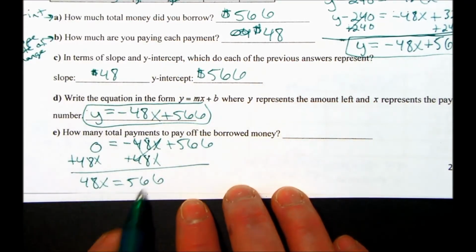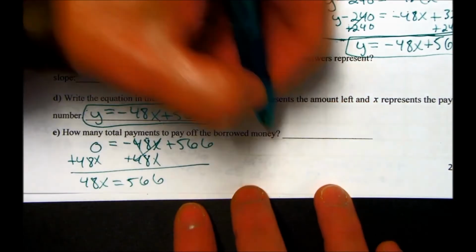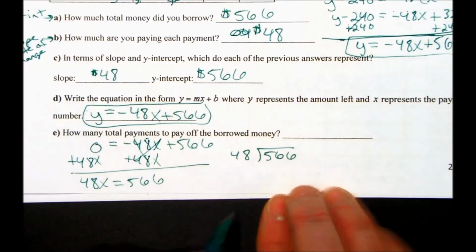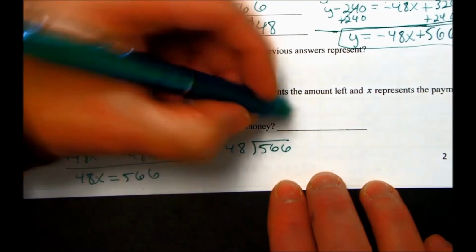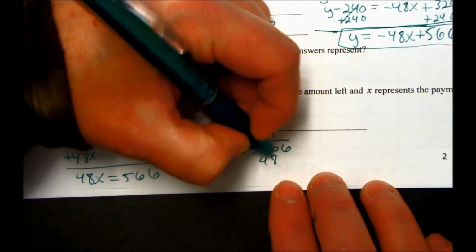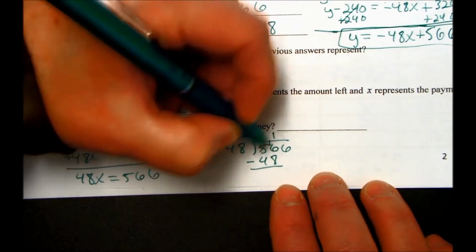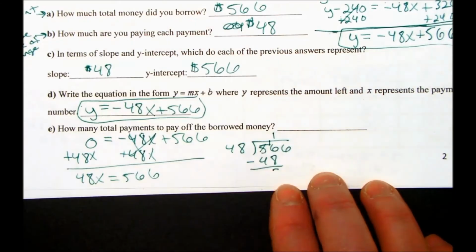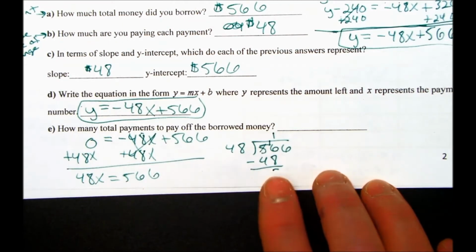Now I'm going to divide the 566 by the 48. So 48 goes into 56 once. Subtract, and I get 8. I did something wrong. I think I'm supposed to have 576 is what I originally planned.